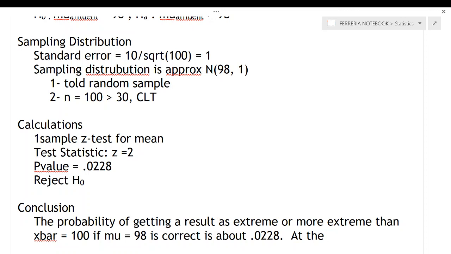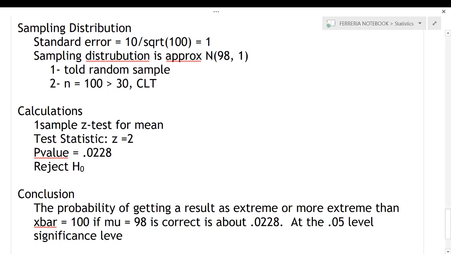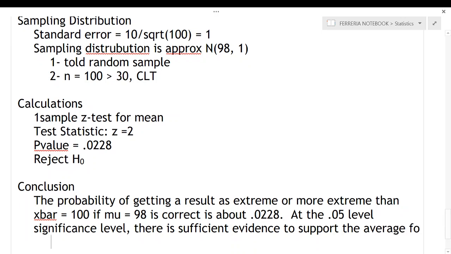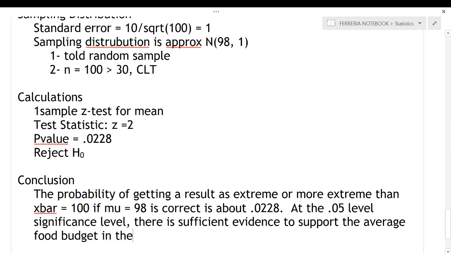At the 0.05 level of significance, there is sufficient evidence to support that the average food budget in the affluent community is greater than 98.